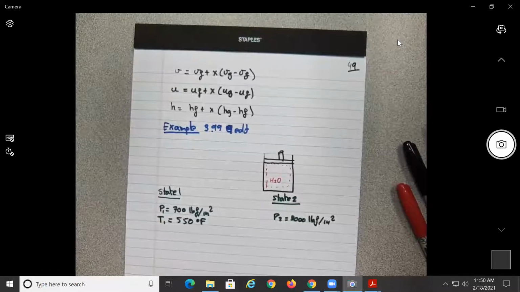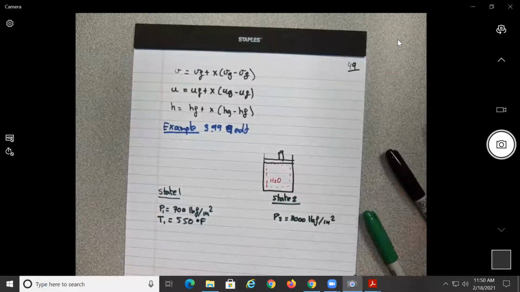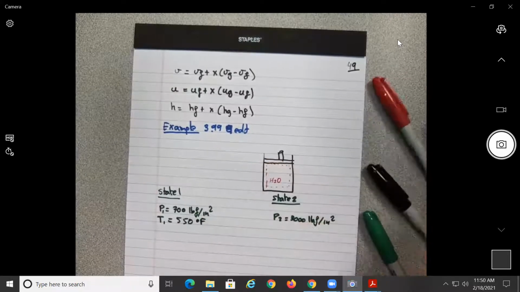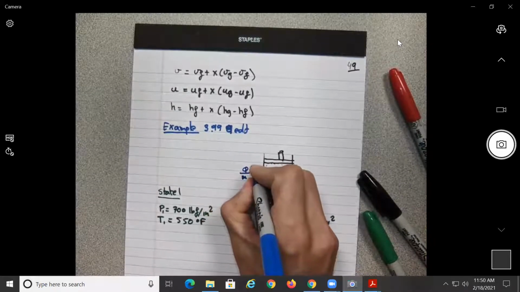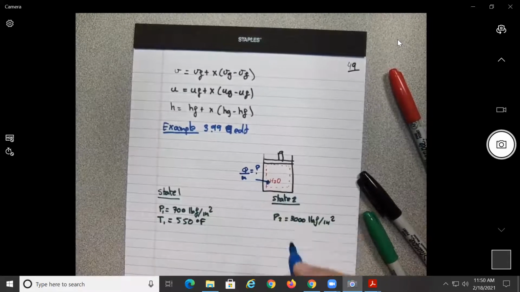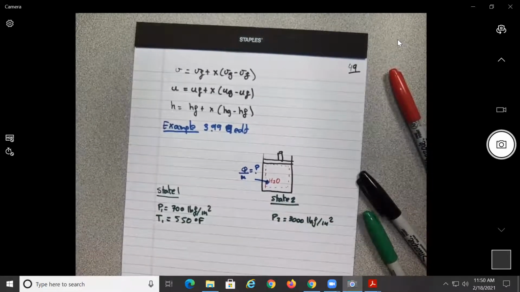We need to solve for Q over M. I'm assuming this is being heated since the pressure increases. What else do we know?